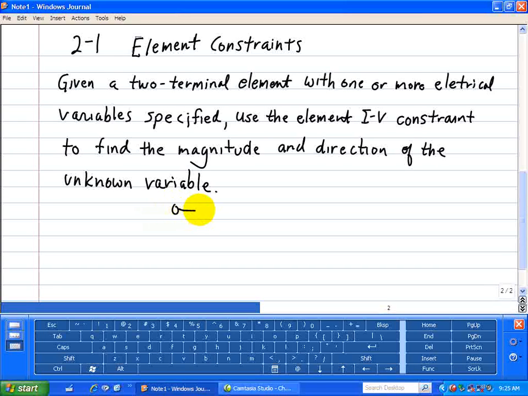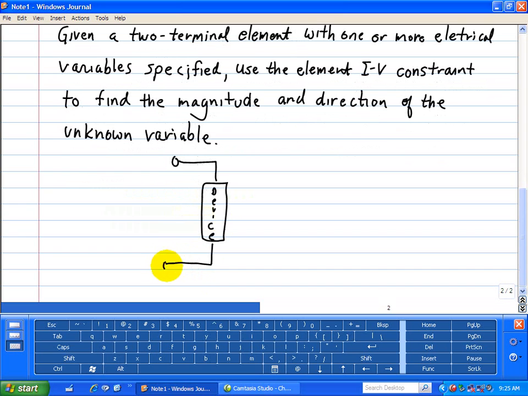So here I have a device, and as we mentioned before, when we identify a reference current I, we have a plus and a minus, and that's our voltage across this device. Remember, voltage requires 2 points that measures the voltage across this device, whereas current is a through variable which measures the current through this device.